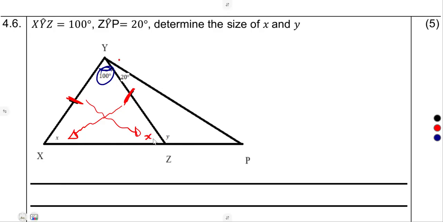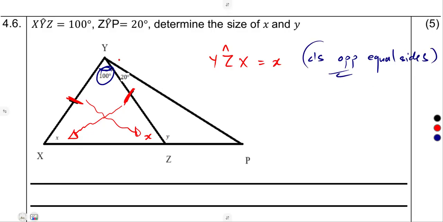So meaning to say this is X. They are equal. So we are saying to determine angle X, this angle YZX is equal to X. This one is equal to this one. These are angles opposite equal sides.